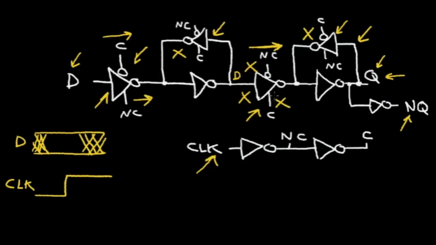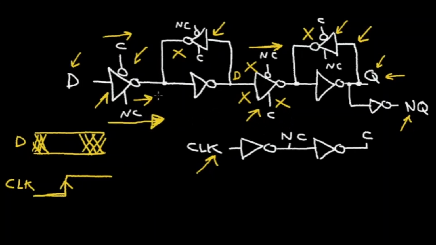So let's see what happens here. Here I've drawn the data signal at the input. I've drawn the clock signal here. And when the clock signal is low, the data is allowed to enter this first latch, but it's blocked from entering the second latch.